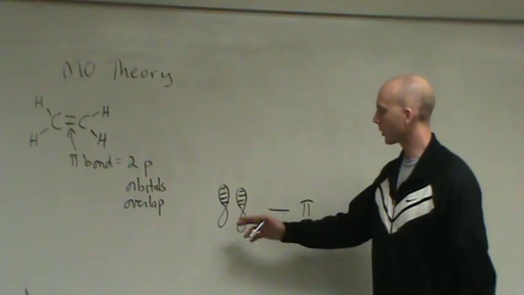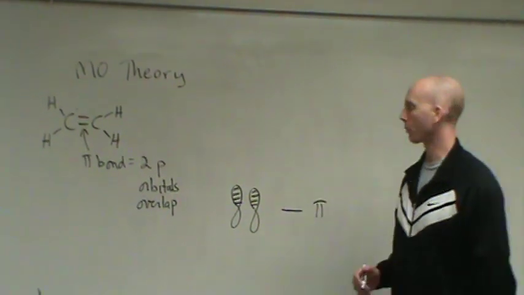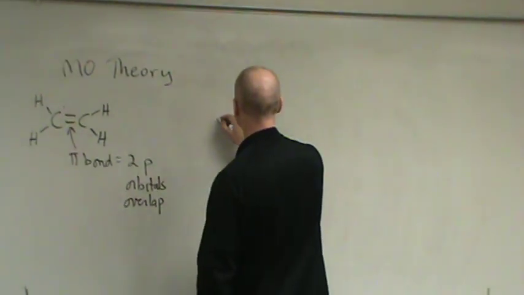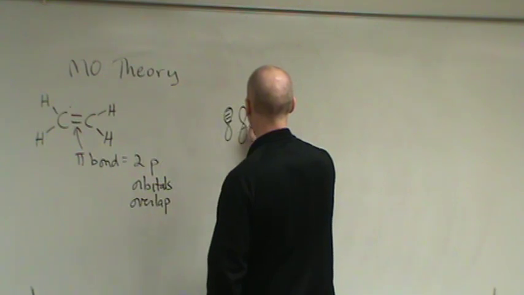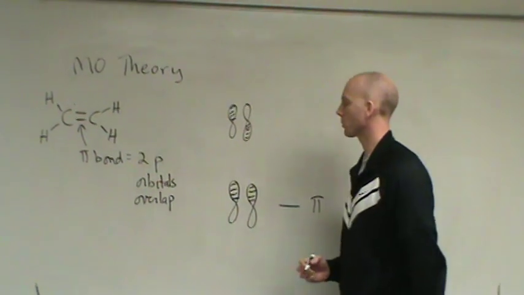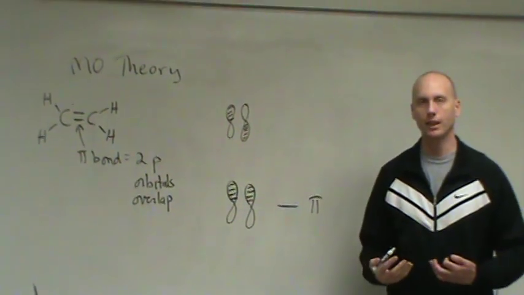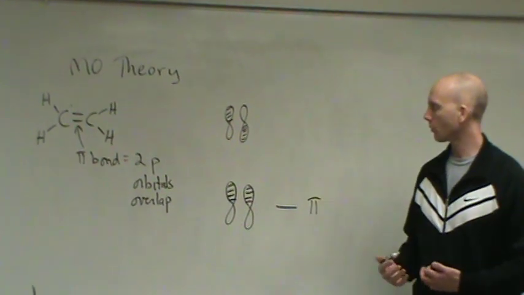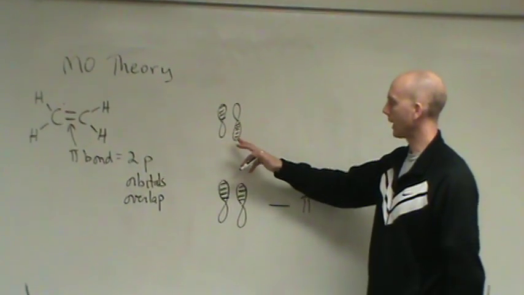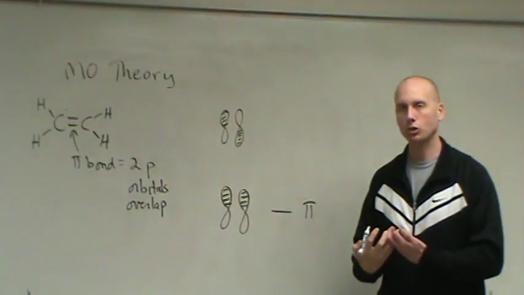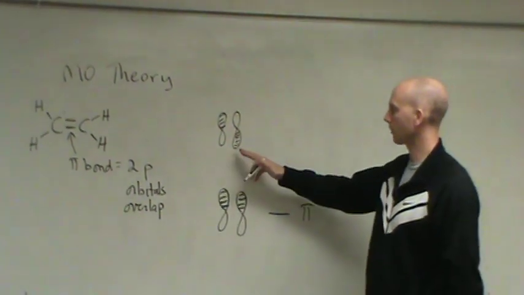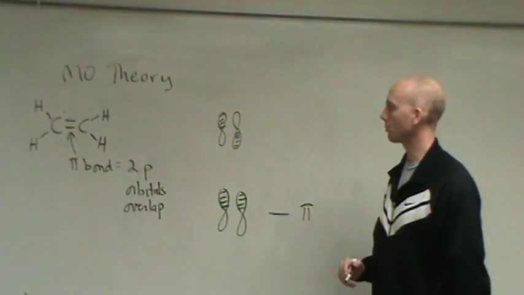Well, what's another way to overlap 2 p orbitals? Another way is to overlap them out of phase. You see that? When we overlap them out of phase, you can imagine that's not going to be good, is it? Okay? Because these two phases don't match.